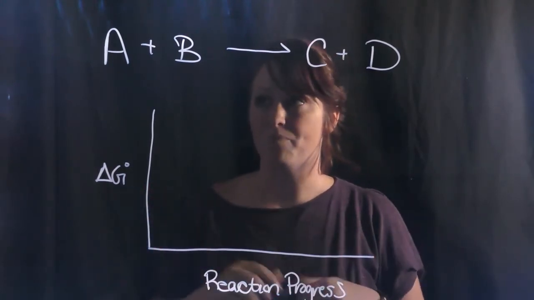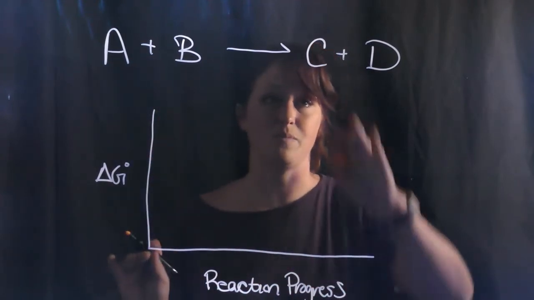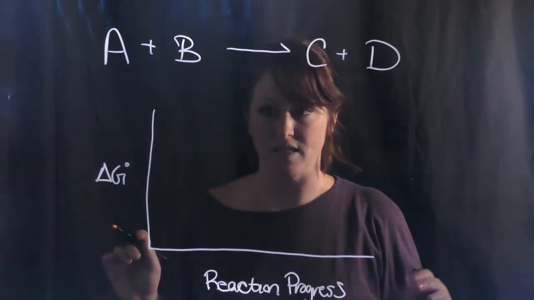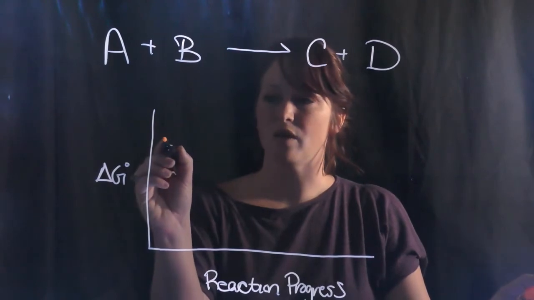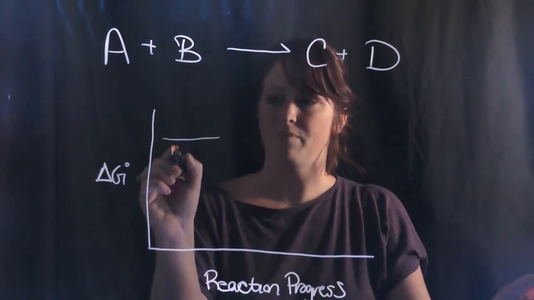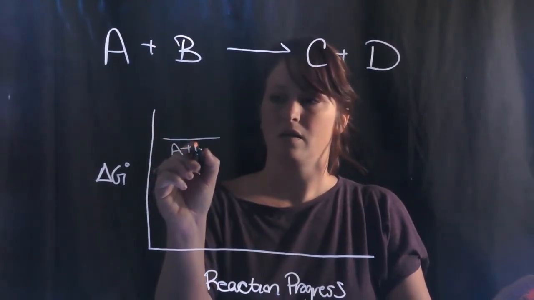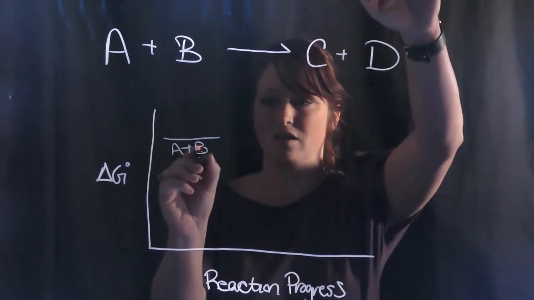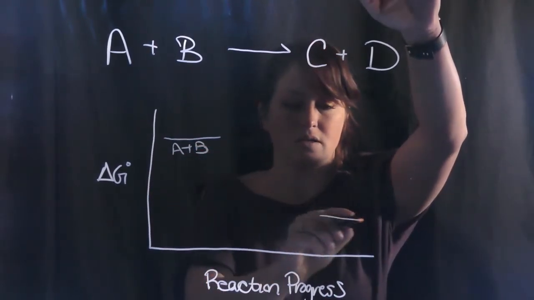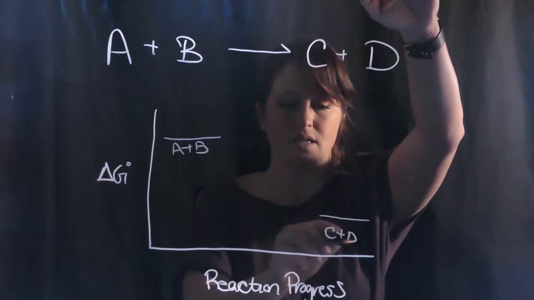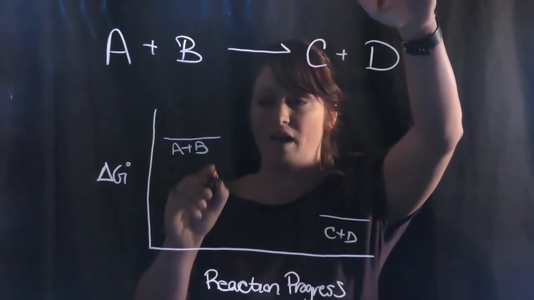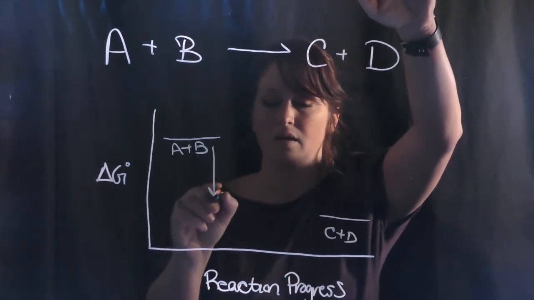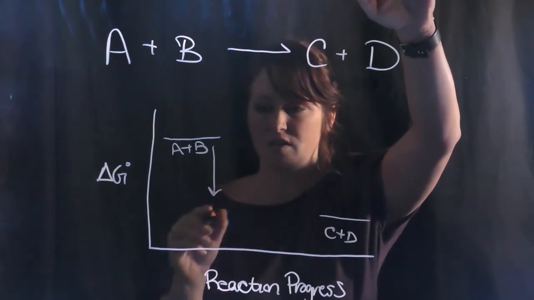So for example, let's say we have a reaction A plus B yields C plus D. If the potential energy of our reactants, A plus B, is higher in energy than our products, C plus D, then we are going to have a drop in the free energy of our system.